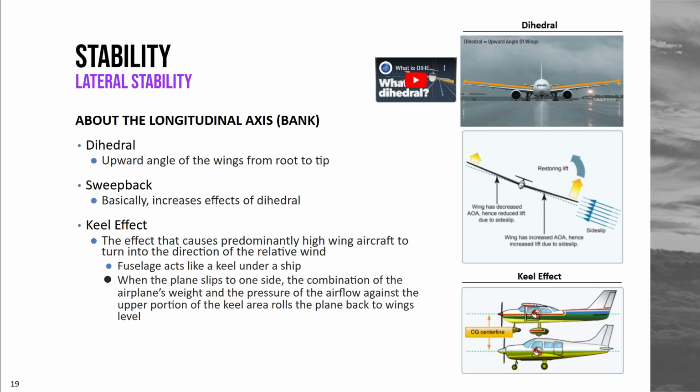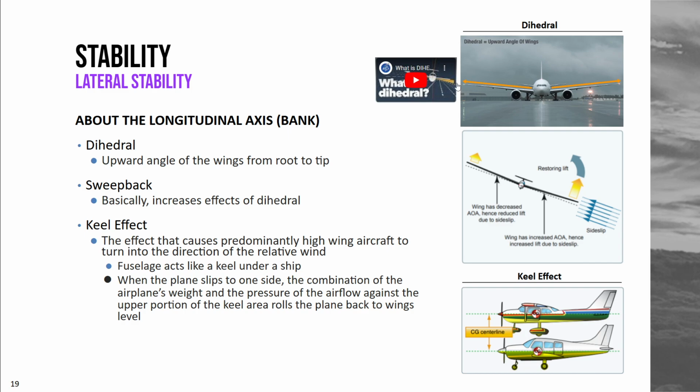Now let's talk about stability around the lateral or the longitudinal axis for our lateral stability. This is stability around the axis in which the aircraft will bank. Our aircraft has a dihedral, so it's that upwards angle from root to tip, as you can see right here.